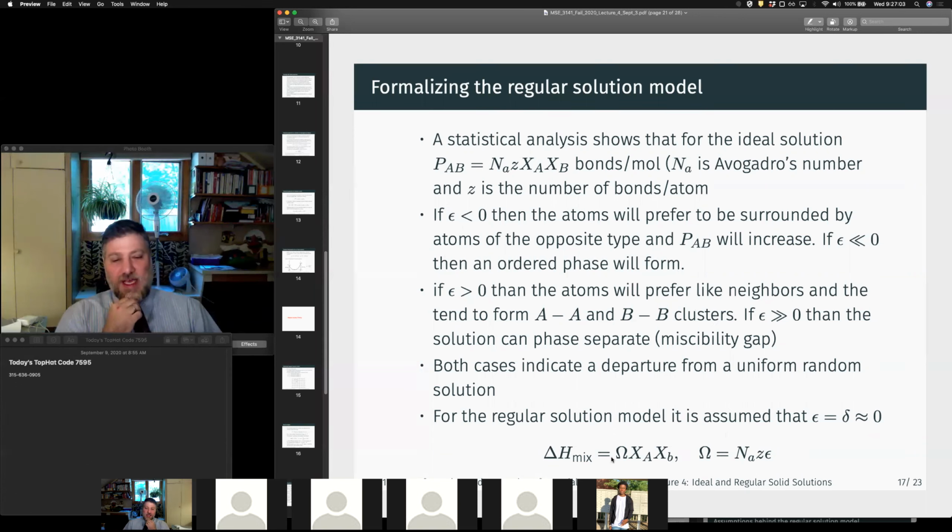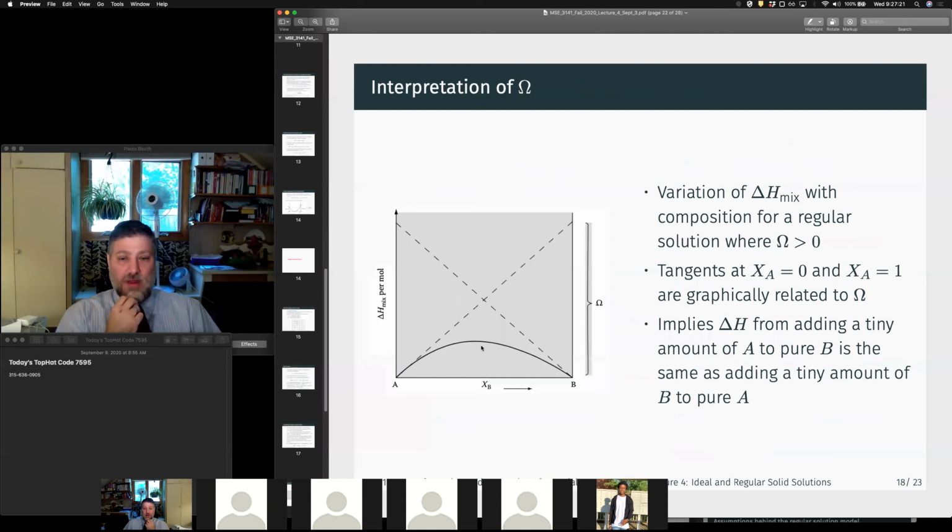And so what we're going to say is that our delta H of mixing is going to be proportional to the product of the mole fractions of A and B, times this omega term, which is a term that contains our bond energy. The interpretation of this omega term is basically the derivative of our delta H of mixing as the concentration of B or A goes to 0.